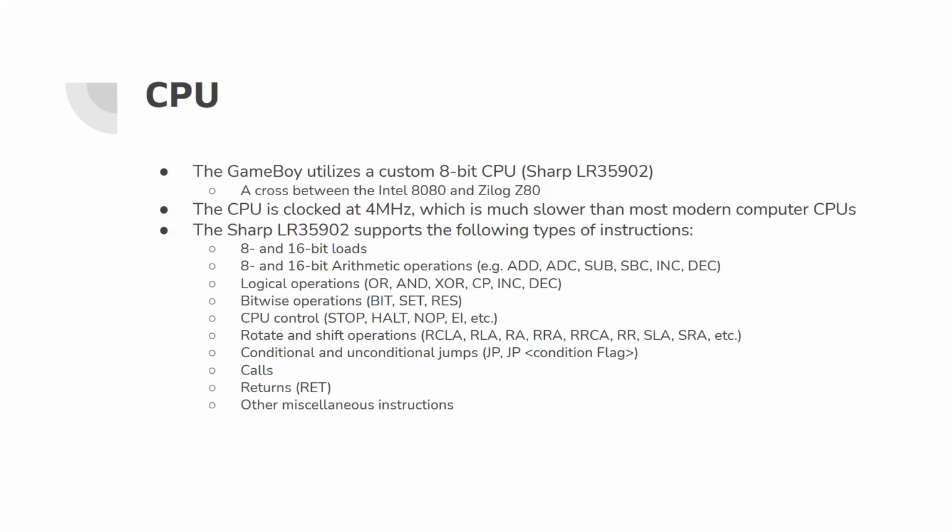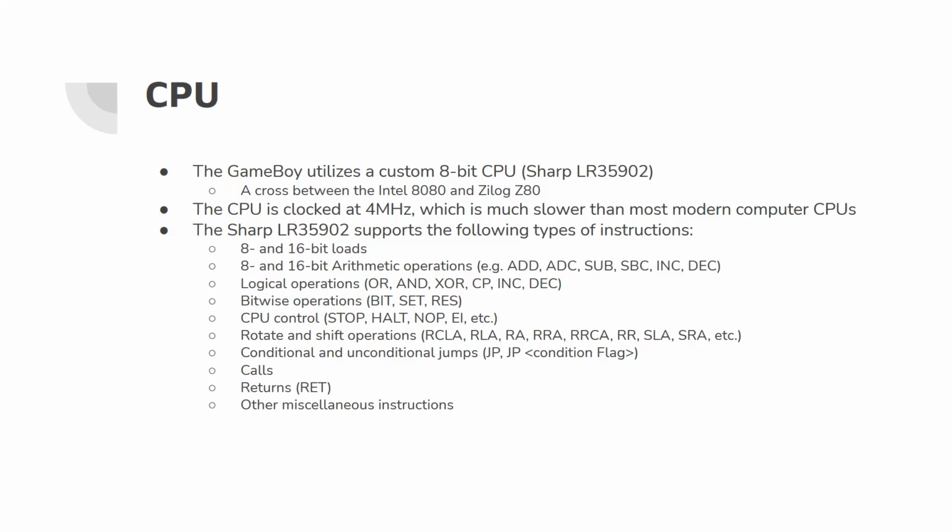conditional and unconditional jumps. So they use JP for their jump instruction, and they also use it for their conditional jumps. Basically, they'll have a compare instruction, and then that will set a condition flag in the F register, and then you use JP and then whatever condition flag you're looking to compare.